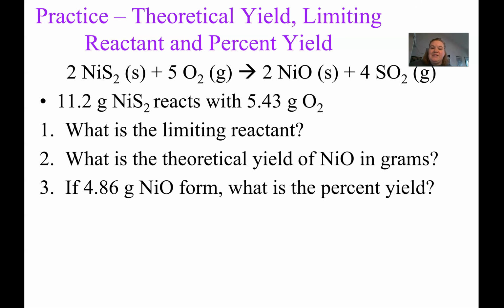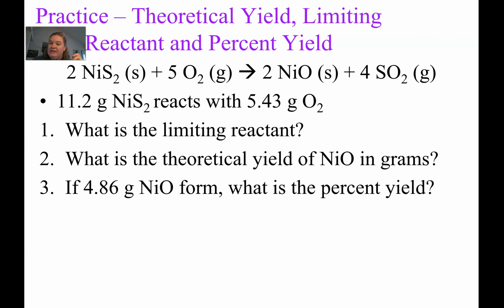Okay, we're going to do the same type of problem, but now we're going to use grams. So it's going to require a lot more work. We have our nickel sulfide reacting with oxygen to make nickel oxide and SO2.